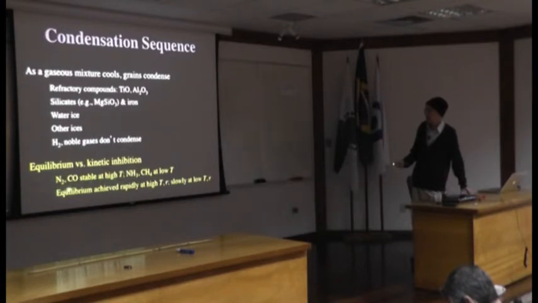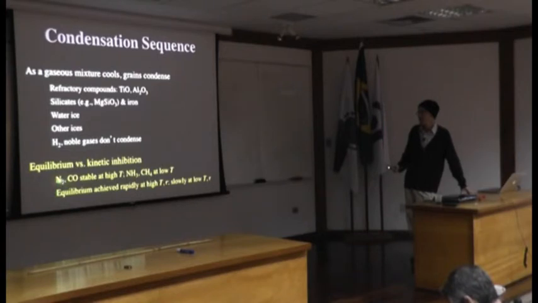At high temperatures, a couple thousand Kelvin, almost all the nitrogen is in N2. CO has almost all of the carbon. It's not in refractory grains. It's in the gas phase.